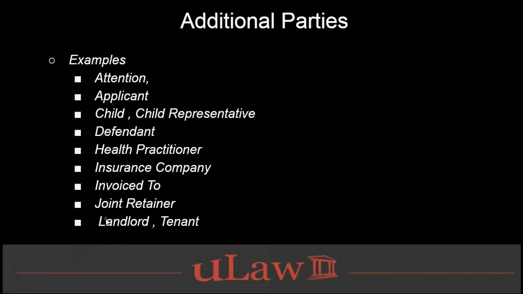So here are some examples of additional parties, and of course there's more that you can add to this list, but these are some of the most commonly utilized additional parties for your attention. Examples such as an applicant, defendant, plaintiff, of course that's missing there, but plaintiff, defendant.